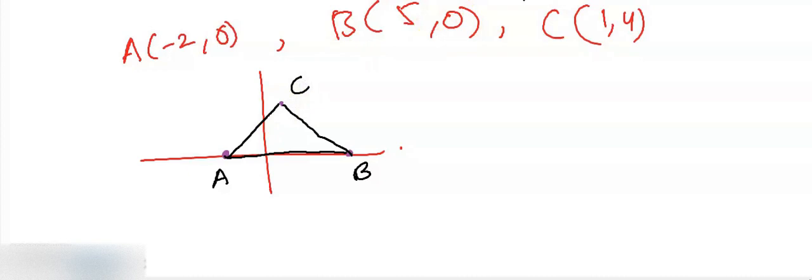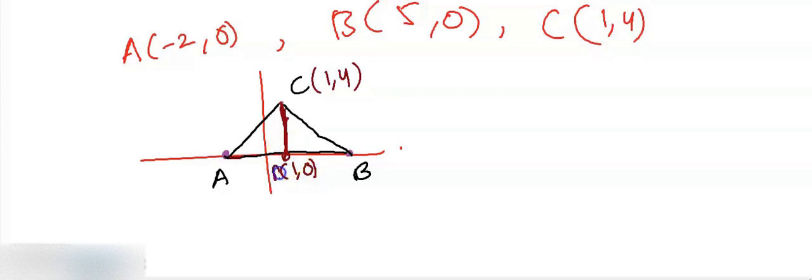Now if you can see it carefully, if you have this one 1, 4, then this line is cutting the AB side at 90 degree. So if you have found this one, you can also see what point this is. So my x is 1 and y is going to be 0.